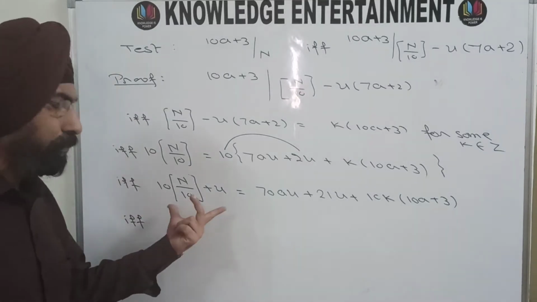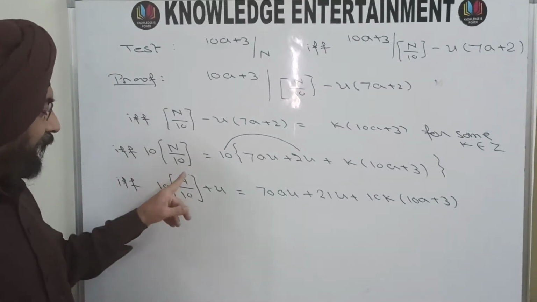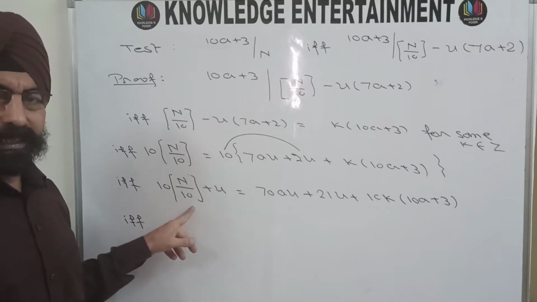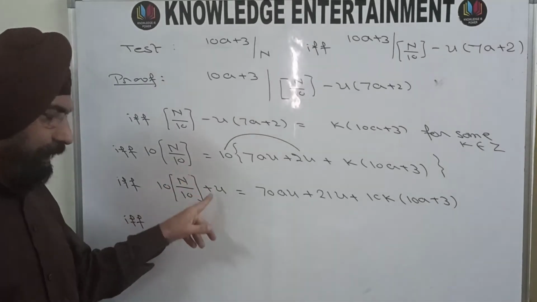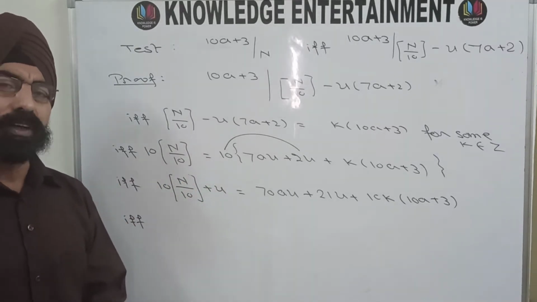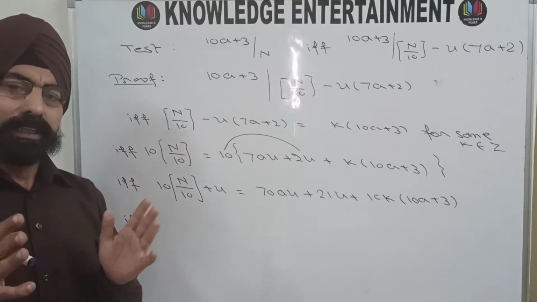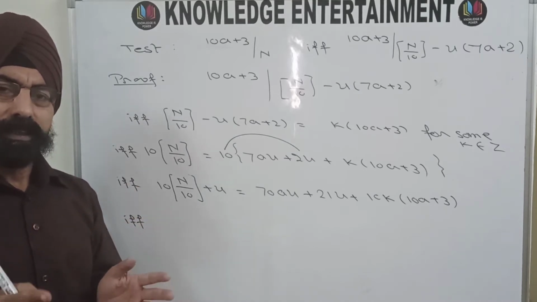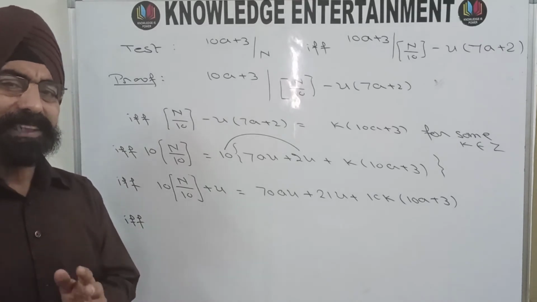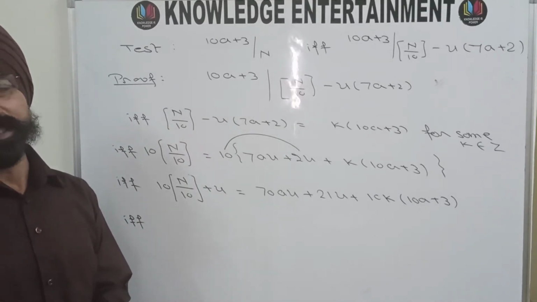Now look at what this number is. You have n, you divided it by 10 and took its greatest integer function. So what you will get is the number with the last digit deleted.